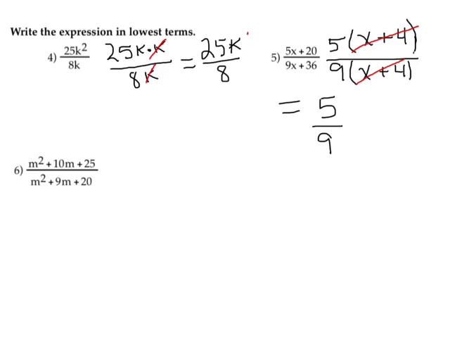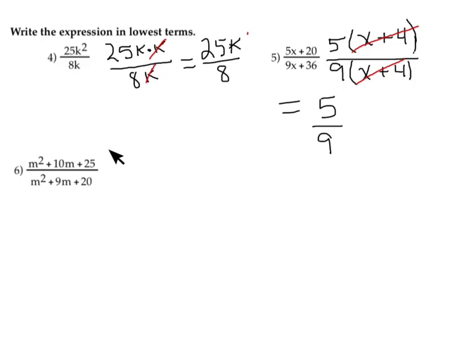Now if you look at something like number 6, which is a really nice problem, it's a fairly simple trinomial that you need to factor. I've got m squared plus 10m plus 25 over m squared plus 9m plus 20. I'm going to factor the top first, and then I'll worry about the bottom.